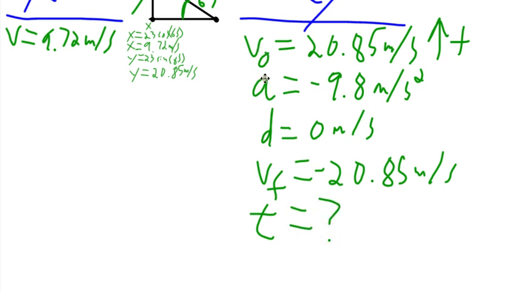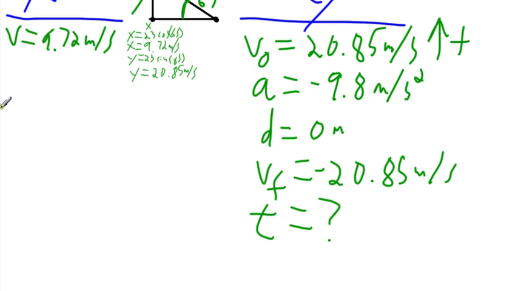We have our V naught, we have our A, we have our D. Oh, and our D, that should be just meters, not meters per second. There we go. And so we have our V naught, A, D, VF, and we're looking for our time.